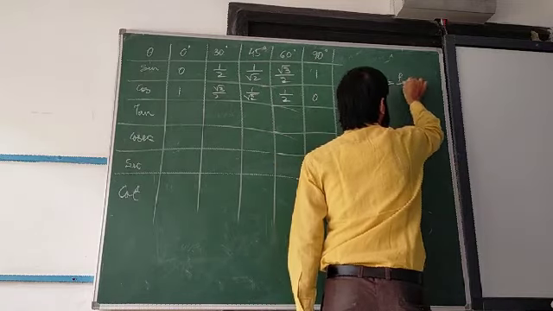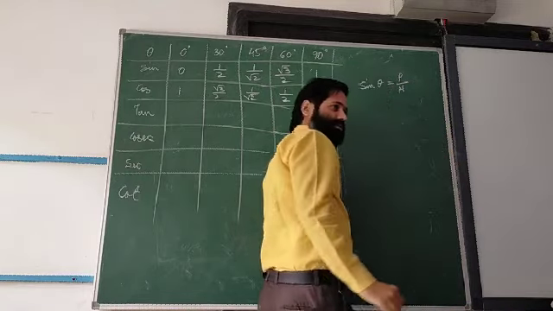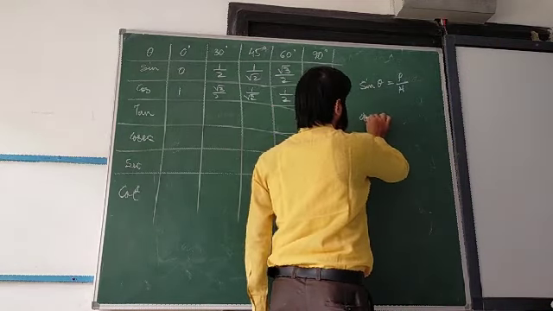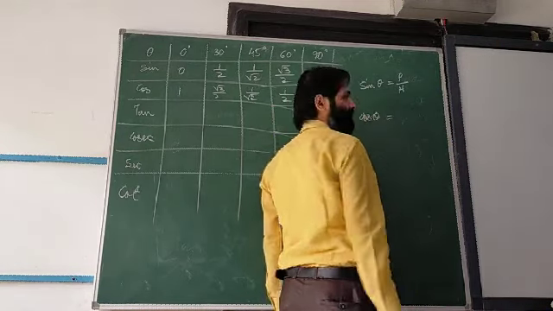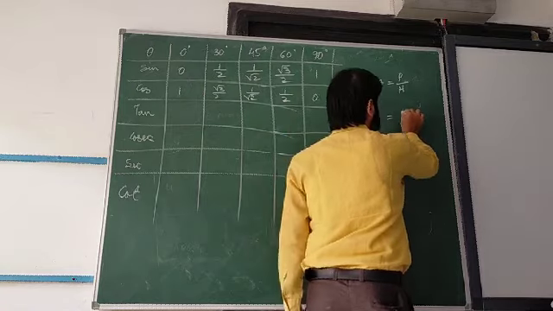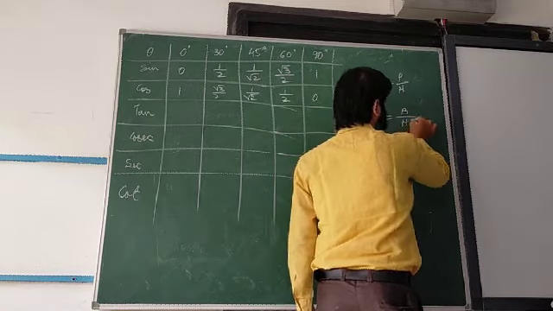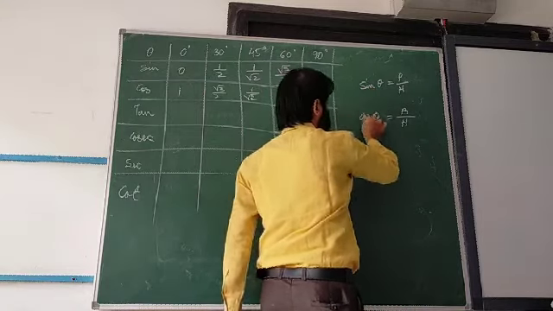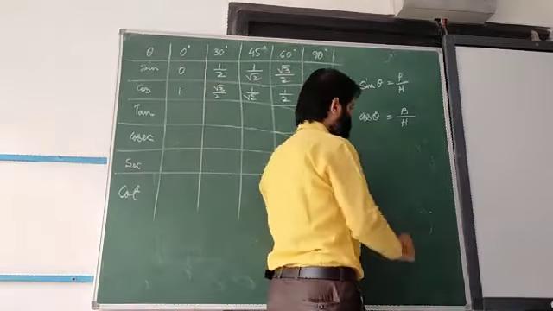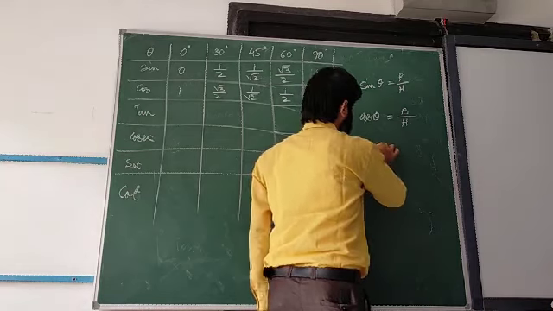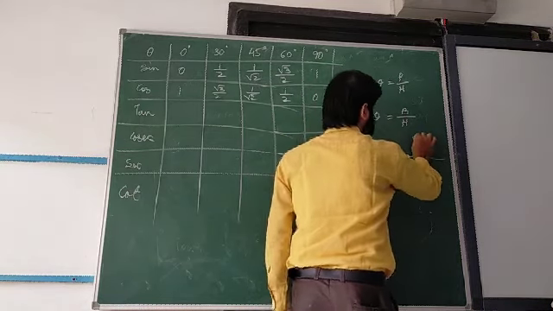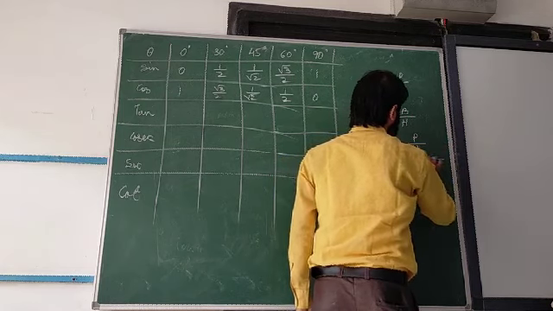Perpendicular by hypotenuse. Sainaz, cos theta means what? Base by hypotenuse. Is it clear to everyone? Now sin theta by cos theta equals, can we say, P by H by B by H?